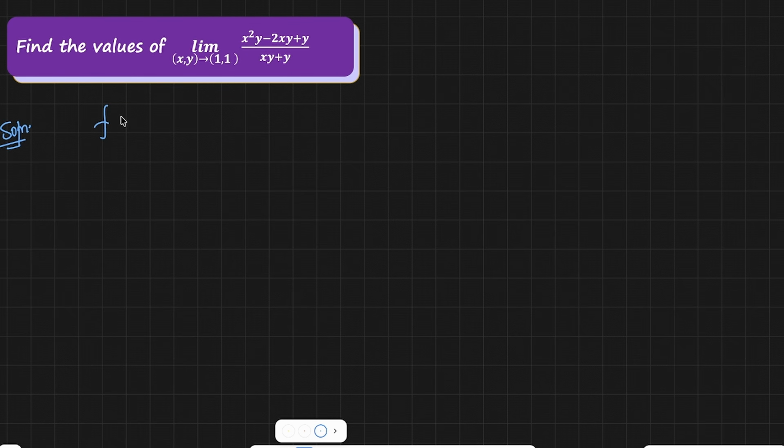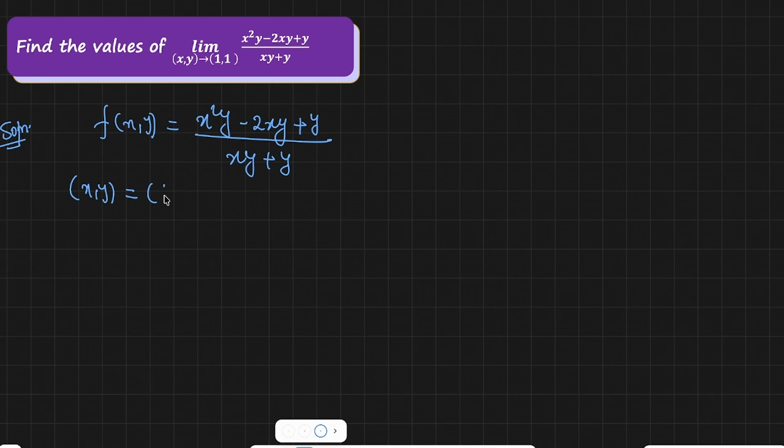Your f of x comma y is equal to x square y minus 2xy plus y upon x into y plus y. You have to find the limit at x comma y equals 1 comma 1, meaning x equals 1, y equals 1.